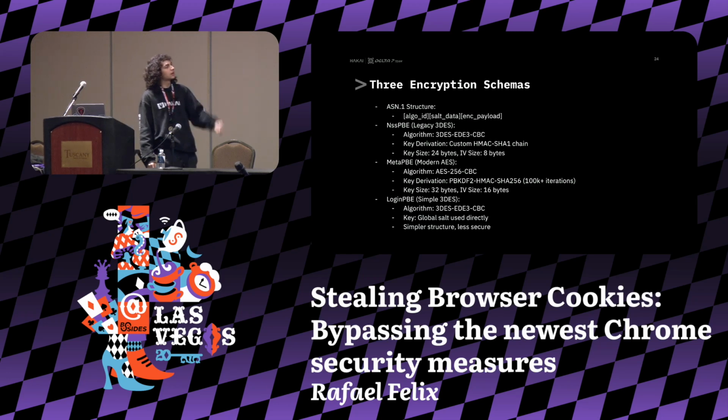We have NSS password-based encryption, which is the legacy triple DES encryption. We have the MetaPBE, password-based encryption, which is the modern AES. And then we have the logins password-based encryption, which is a simple triple DES encryption.